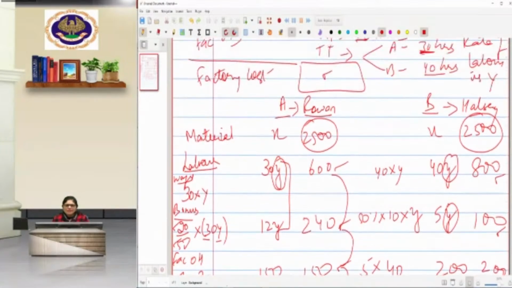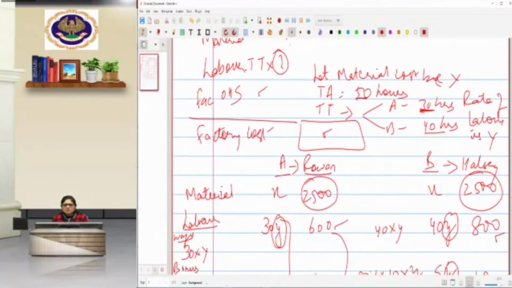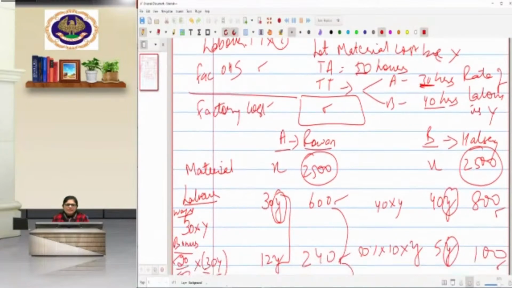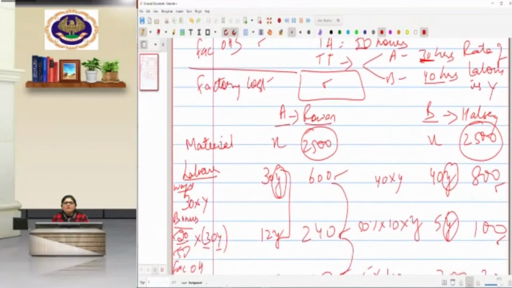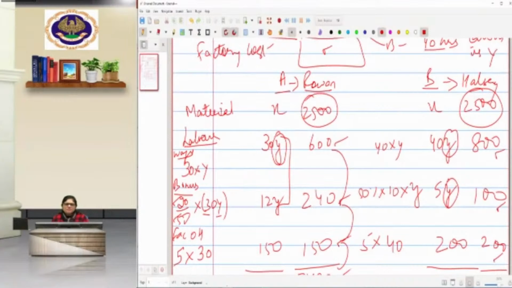So just quickly brush up this question. Factory cost, whenever you will be asked to calculate factory cost, it will be material, labor and factory overheads. Material was not given, so we assumed X. Labor, normal rate per hour was not given. The wages per hour was not given. We assumed to be Y. And with Y, we framed the equation for basic wages also, for bonus also.